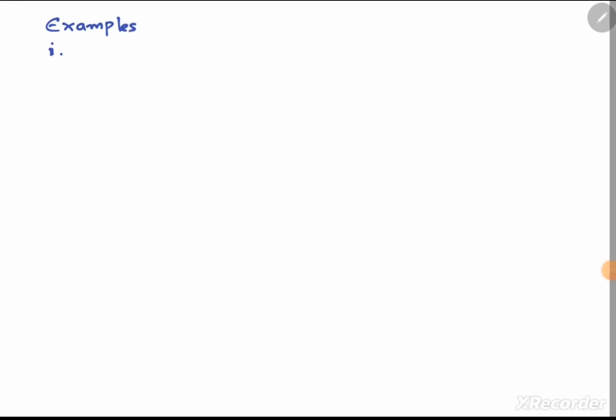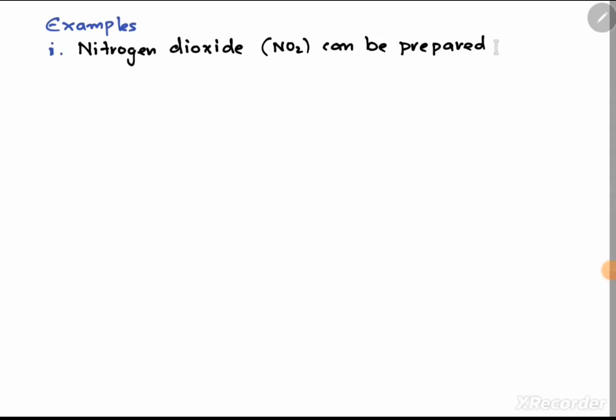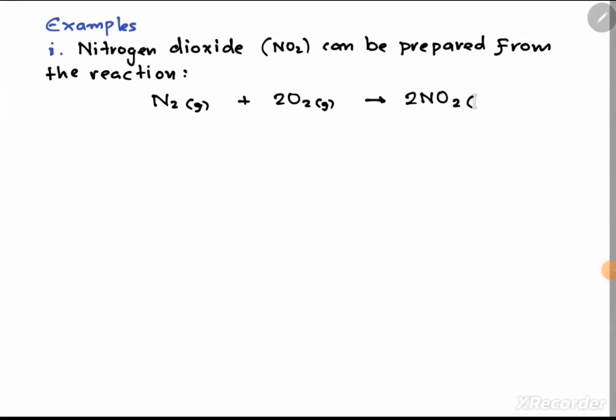Example 1. Nitrogen dioxide can be prepared from the reaction: nitrogen and oxygen give nitrogen dioxide.